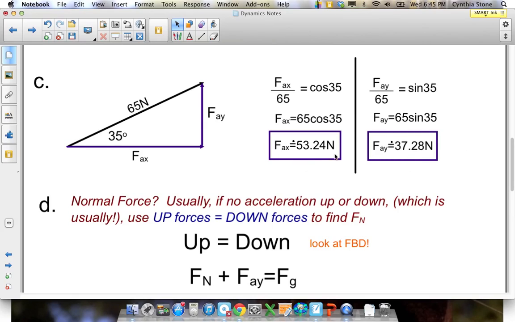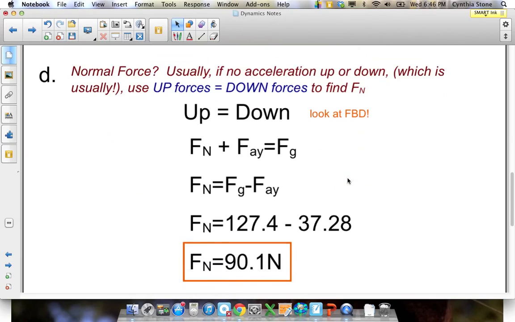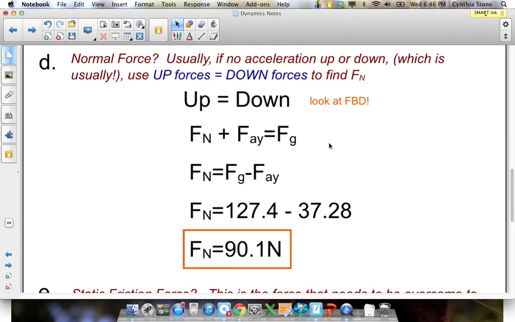This isn't my full answer, so I'm going to use as many decimal places as I can throughout the solution. Okay, look at normal force is the next part. The big thing with normal force is, unless you have a question, which we might have a question this year, where you are in something that's moving up or moving down, but most of the time it's sliding sideways, so up equals down.